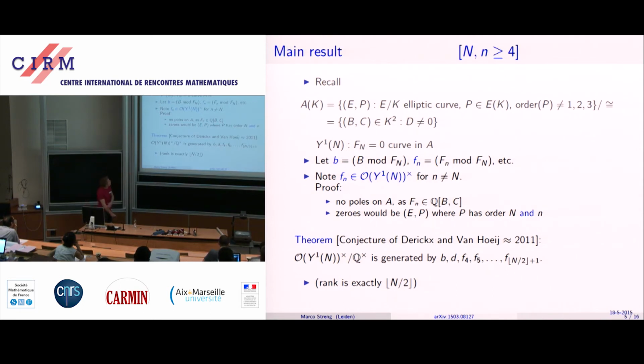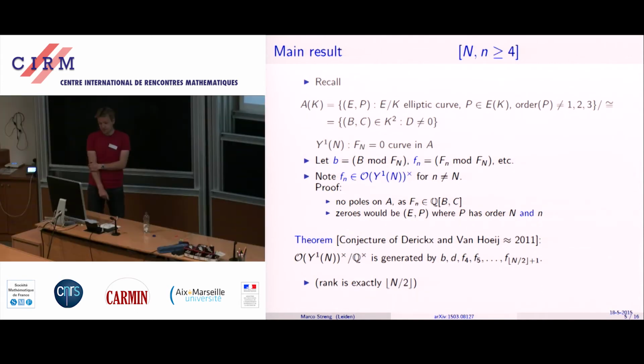So this is a capital F small n and then capital F big capital N. Okay, so now one thing to notice is that these functions that you then get, these F_n modulo F_N with different n's, they are modular units for Y1(N). So they are in this group of modular units from the first slide.